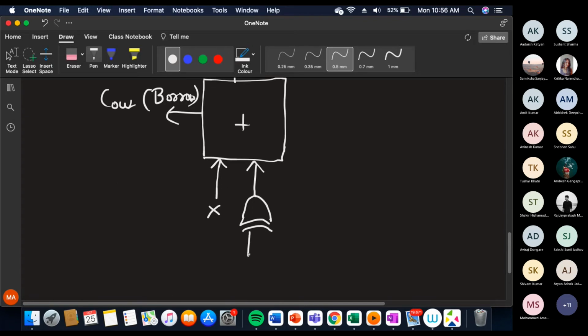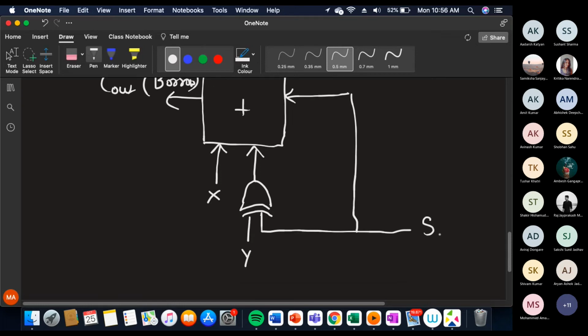From this XOR gate, one of the inputs जो XOR gate को आप देते हो, that is Y. The other input which is given is the same in both cases. एक adder को भी आप input वही दोगे और एक XOR gate को भी वही दोगे, and that is the sign. S is nothing but the sign.